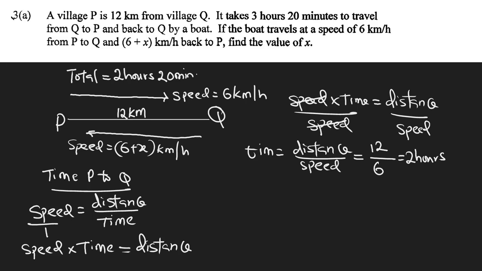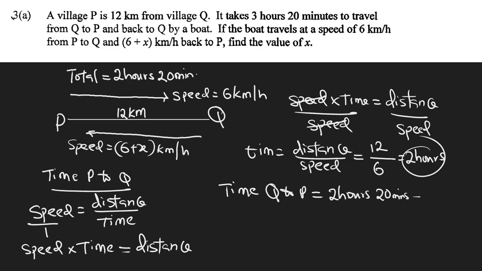Right? So now if we want to get the time from Q to P, we're going to subtract. We'll say time Q to P is going to be what? The total time, which is what? 2 hours, 20 minutes, minus what? 2 hours. These 2 hours here.